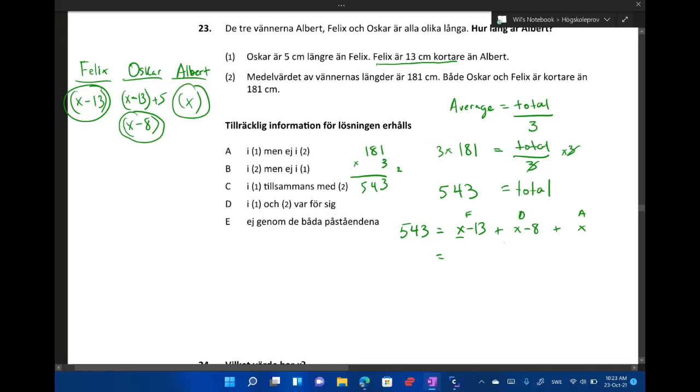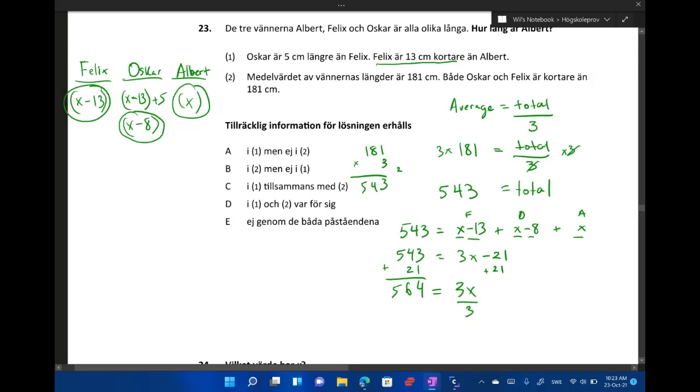We have 1x, 2x, 3x. We have negative 13 minus 8 is negative 21. So we have 543 is equal to this. If we add 21 to both sides to get x alone, that's 564 is equal to 3x.